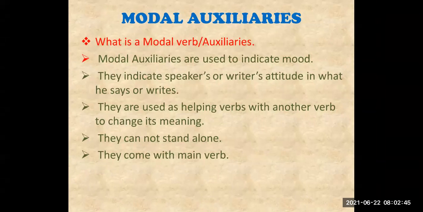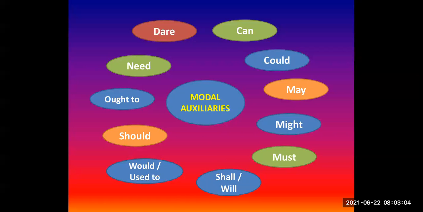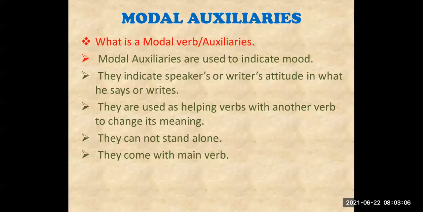Third, they are used as helping verbs with another verb to change its meaning. Fourth, they cannot stand alone. Fifth, they come with a main verb. And next, there are 13 modal auxiliaries we are going to learn today.